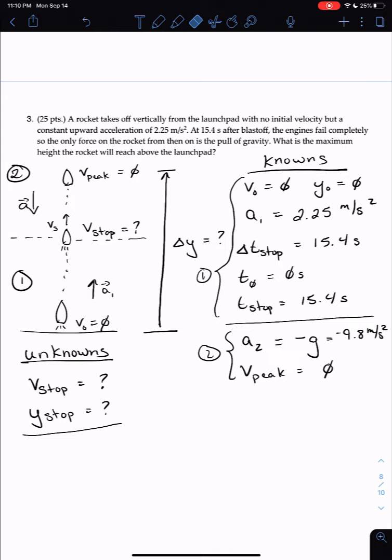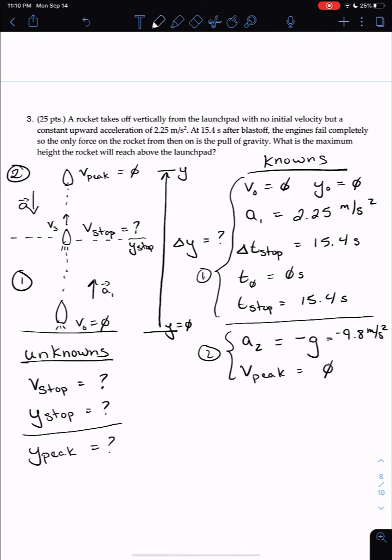But I think I can figure that out without the time. So I'm going to call it y peak, and say that's another one of my unknowns. And if this is y equals 0, this point right here is y sub stop.